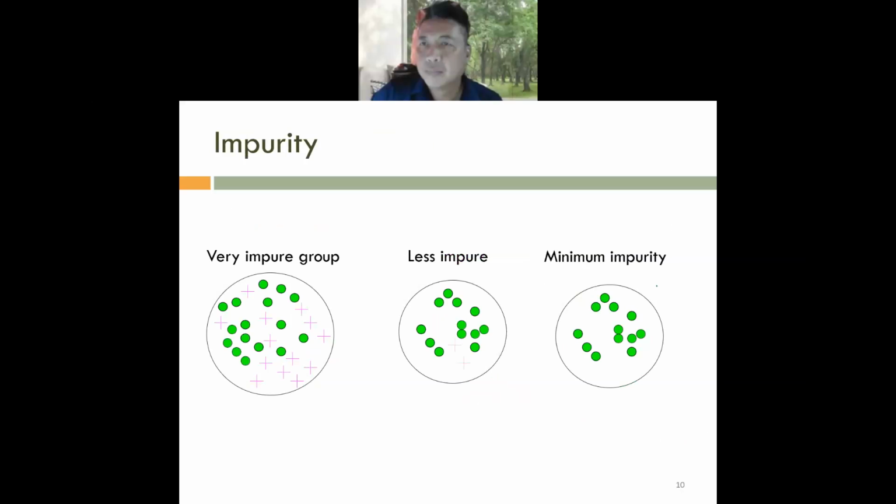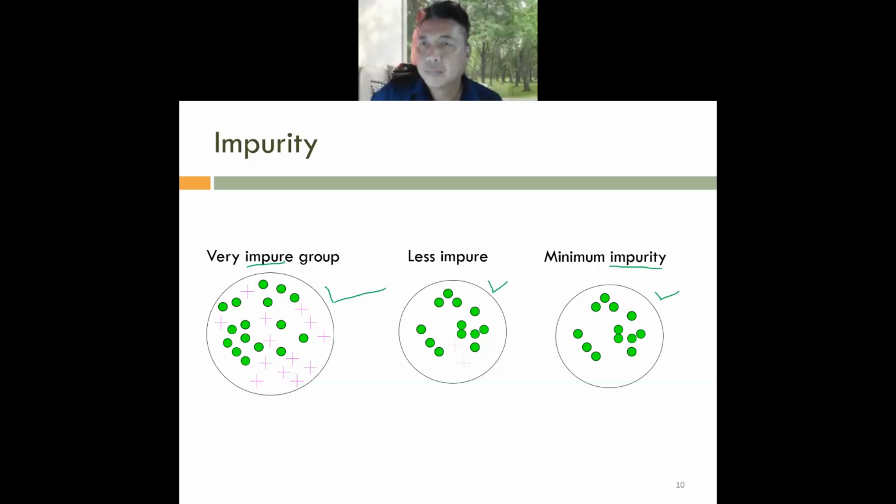And we say this is maximum purity or minimum impurity. Impurity means that they are not pure. So this is the purest one. This one is less impure, and this one is very impure.